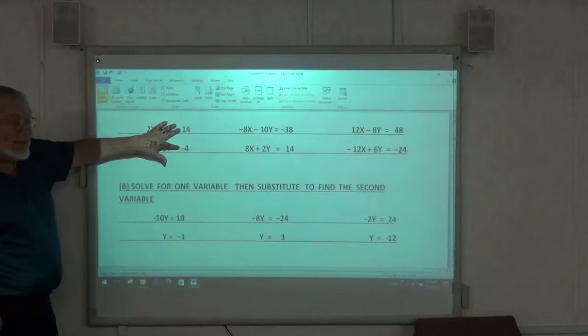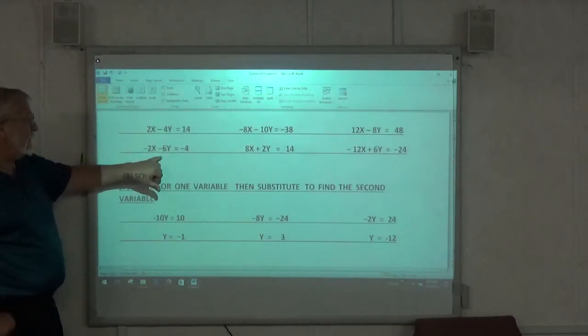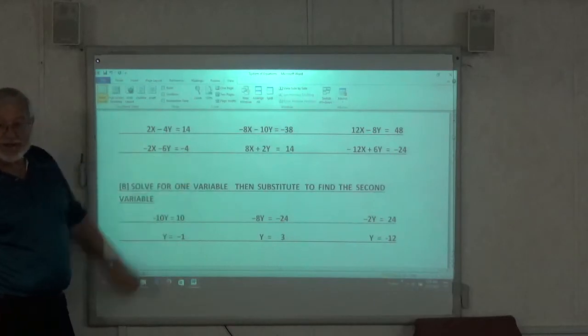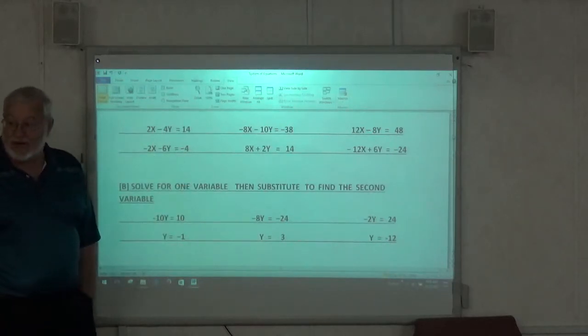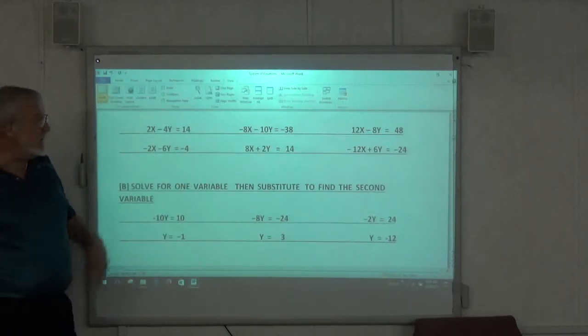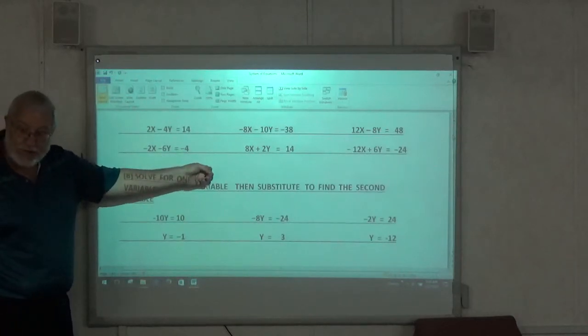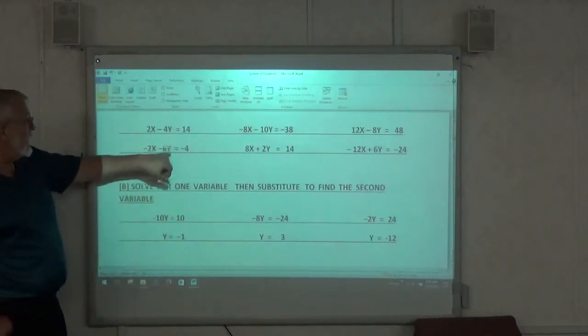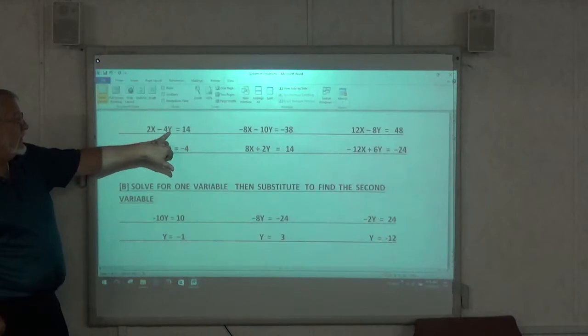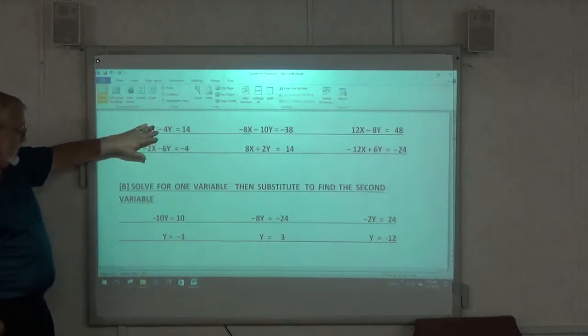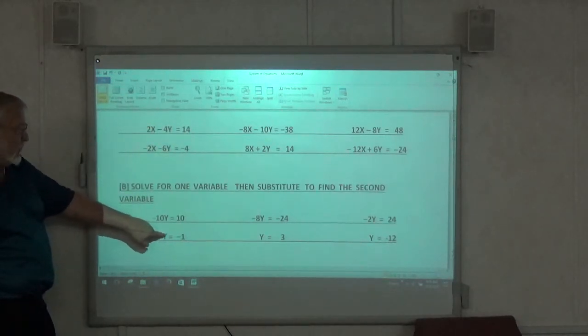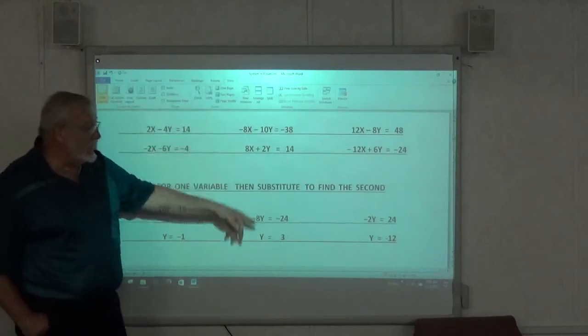And when I add these together, I get positive 10. So I have negative 10y equals positive 10. That means y is negative 1, because negative 10 times negative 1 equals positive 10. And then I bring that back into here, and I can solve for the x. Okay, so the y was negative 1, and the same thing works with that.